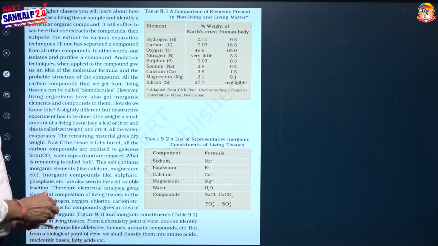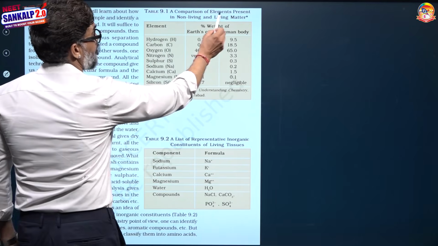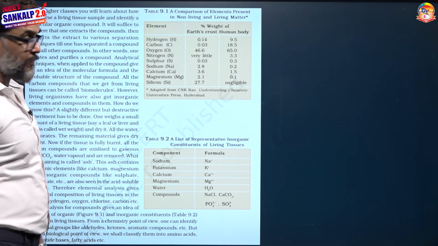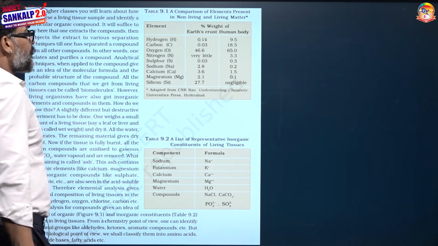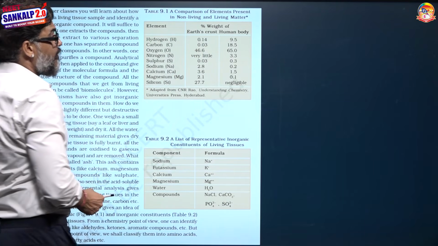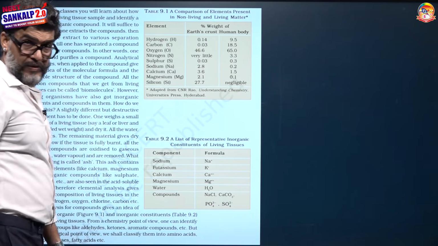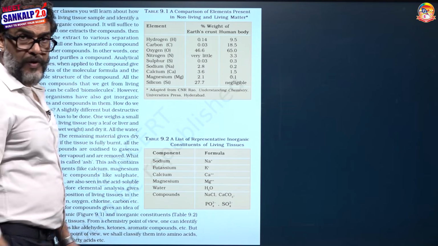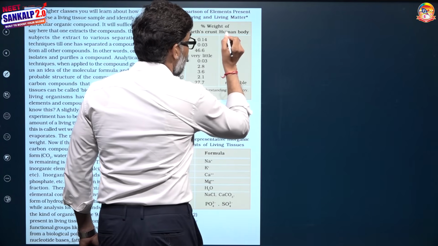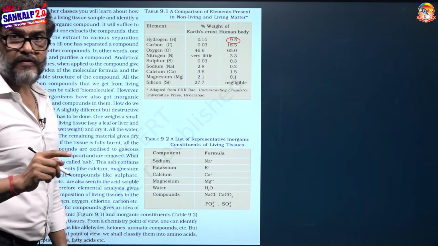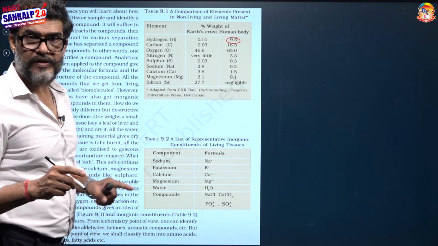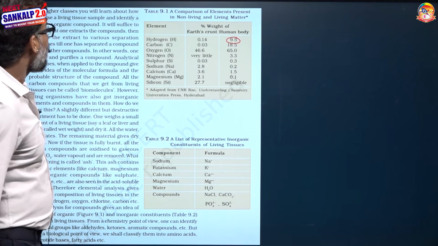Look, a comparison of the elements present in non-living earth crust and in living matter is mentioned here. Hydrogen is 0.14% in the earth's crust while it is 9.5% in the human body. This value was given differently in different versions of NCERT, and this is the latest version, 9.5.